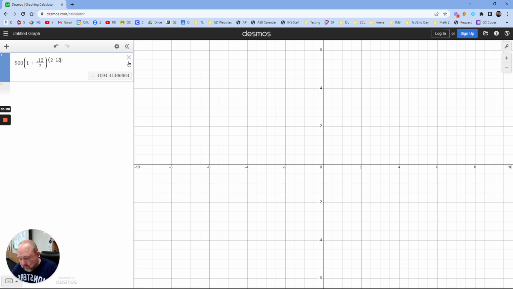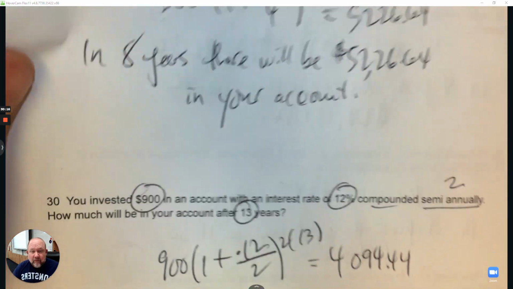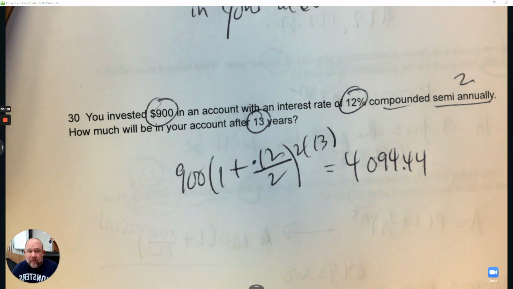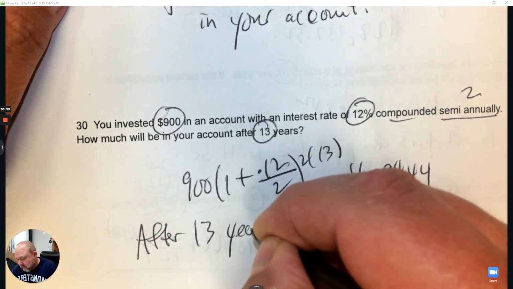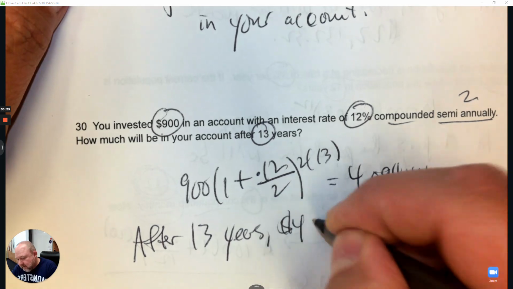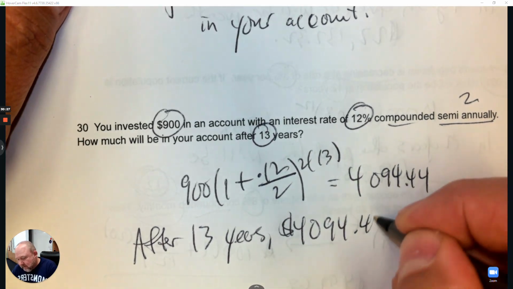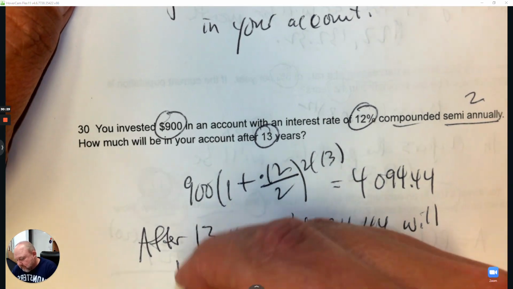And there you go. So it's $4,094.44. All right, let's write a basic sentence, and then the review is done. If you can do this, you're going to do great on the exam. So after 13 years, $4,094.44 will be in your account.